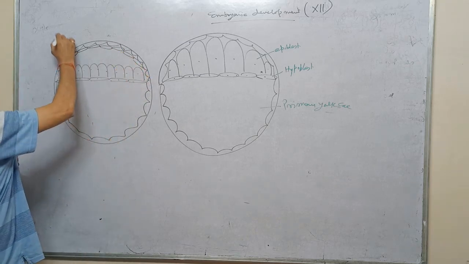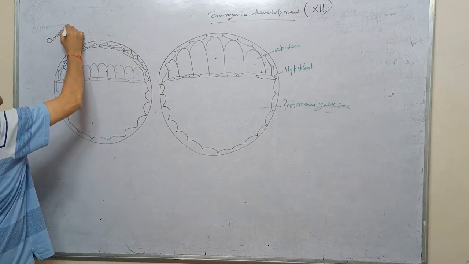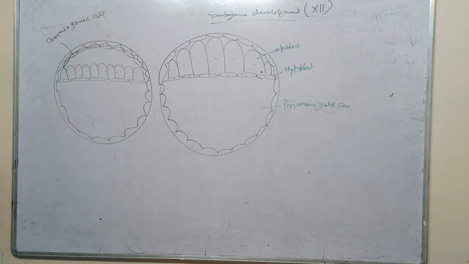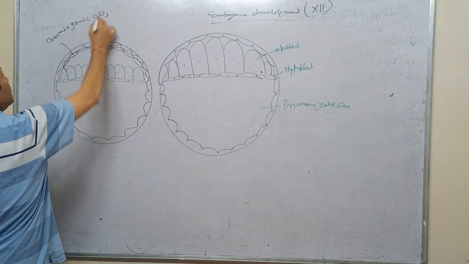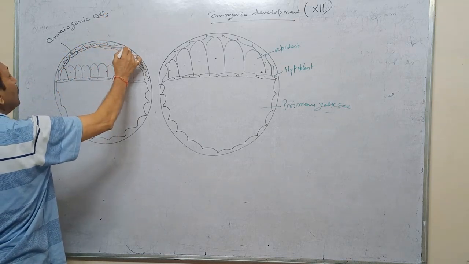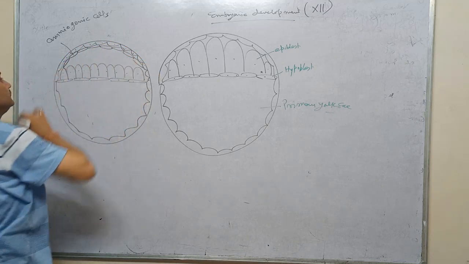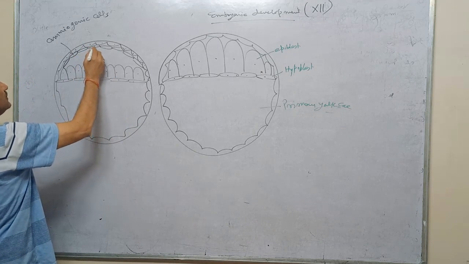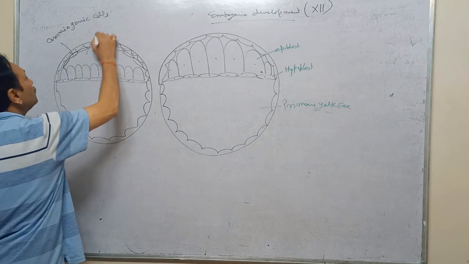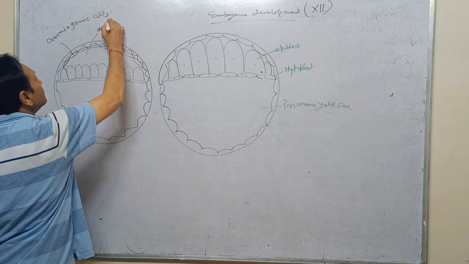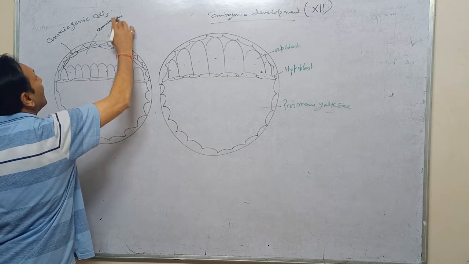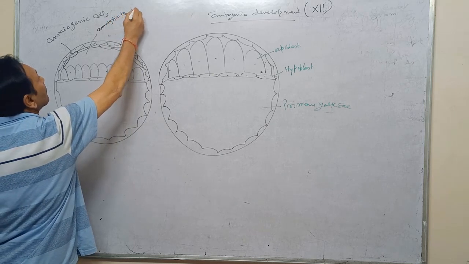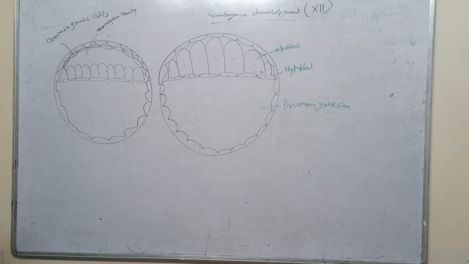It is called the amniogenic layer or amniogenic cells, from the trophoblast or the cell of Rauber. This cavity between the amniogenic layer and the epiblast is called the amniogenic cavity, or amniotic cavity.